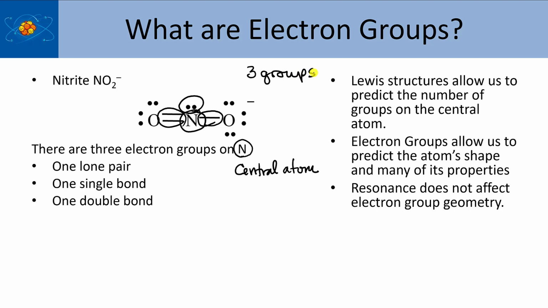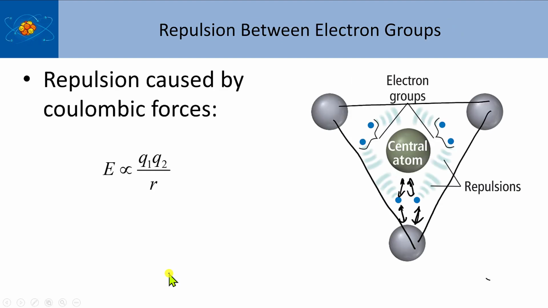Now, if I were to draw that the way it's supposed to look, without filling in all the lone pairs on the oxygen, you notice I ignored those when determining the number of groups on the nitrogen. The nitrogen would be in the middle, the lone pair would be, let's say, on top, and then down around here you would have the oxygens. Let's go back to the diagram earlier.